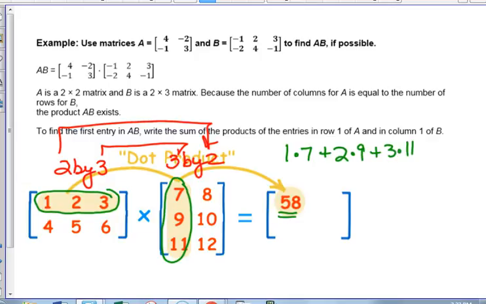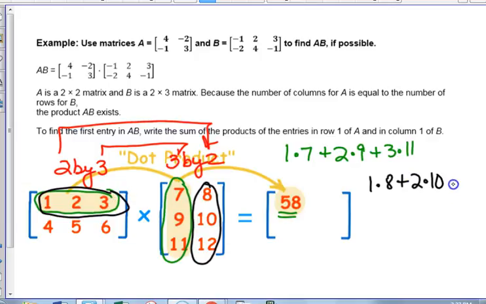So I want you to help me do this row by the second column. What am I going to do? 1 times 8 plus 2 times 10 plus 3 times 12. That's 36, 46, 56, 64. It goes in row 1, column 2, because that's what I multiplied.